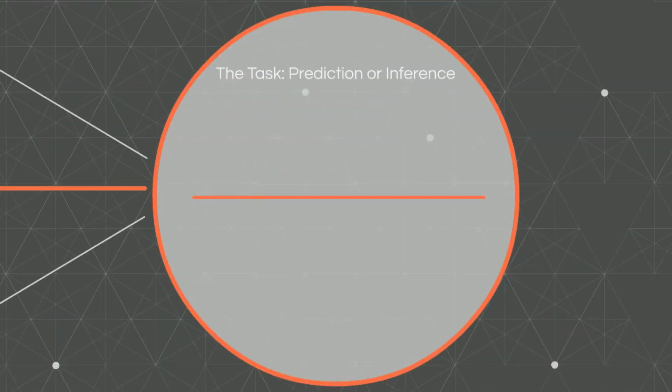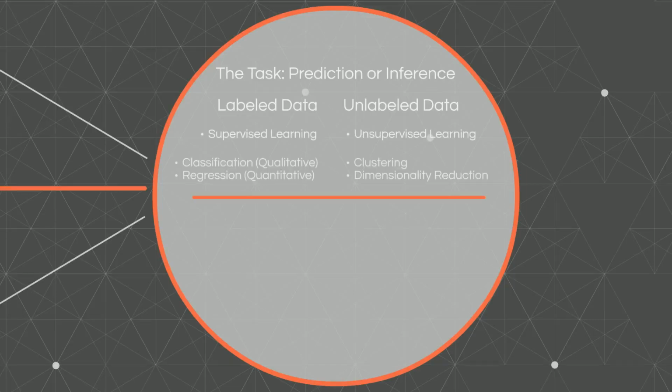So you're going to look at the task. If we're trying to do prediction or inference, we're going to then move on to labeled versus unlabeled, and we're going to fall into any one of these categories. So if your task is prediction or inference, you already know that you're going to be doing supervised learning or unsupervised learning. That determination is going to be dependent on whether or not you have the expected output. Do you simply have, like, customer transactions that are unlabeled?